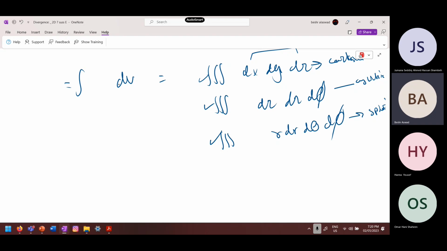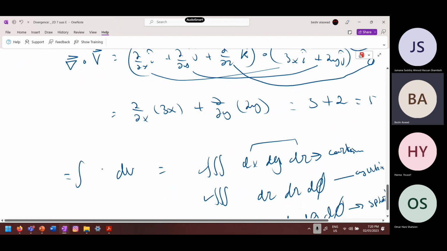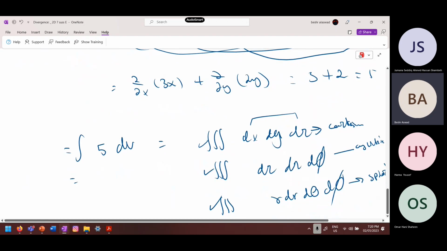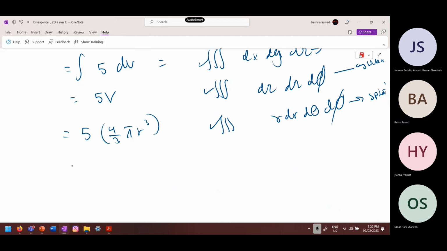Okay. So again, back to the topic. We have the value of the divergence, which is equal to 5. That's equal to 5V. Integrating dV is just V. Okay, what's the volume of a sphere? That's equal to 5 times 4 over 3 pi r cubed.